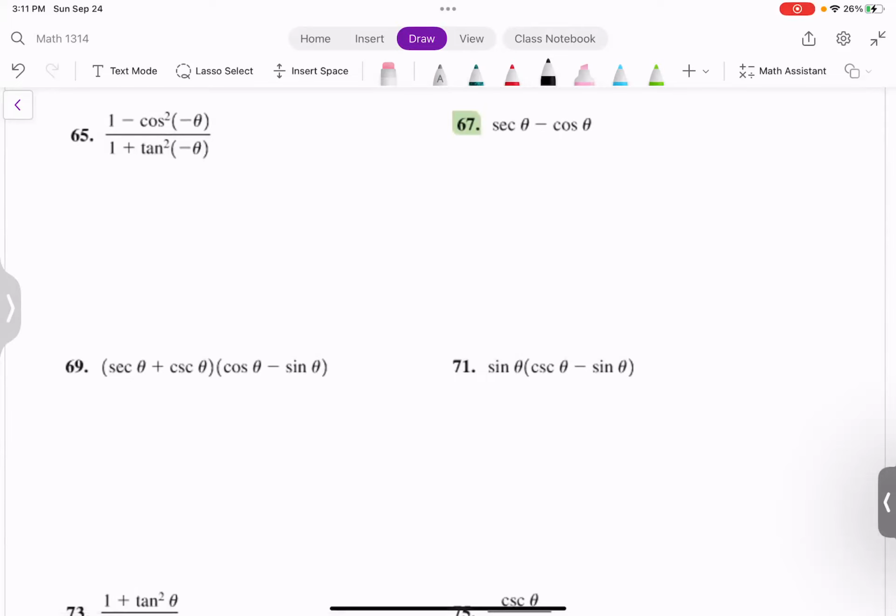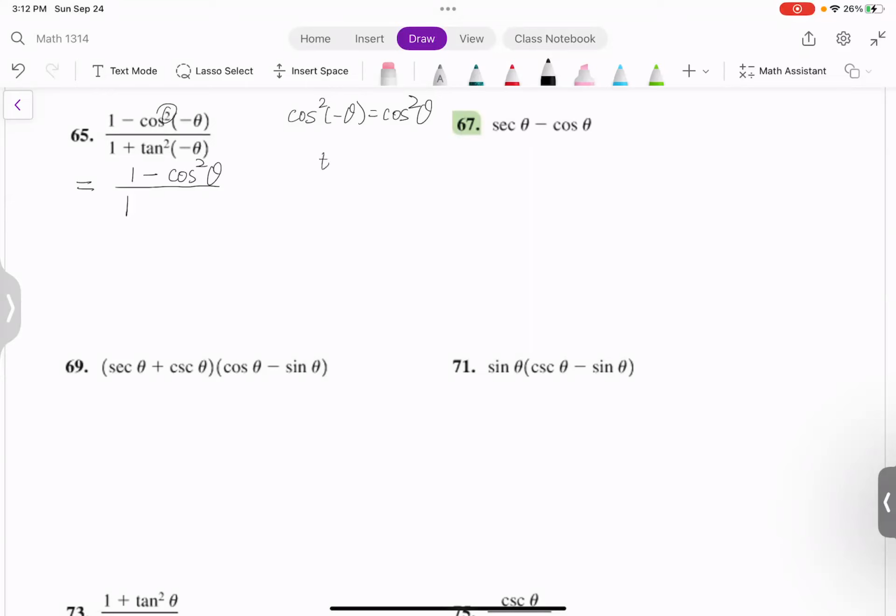A couple of examples. For the first one on the top, we got the negative sign again in the angle part. Let's get rid of the negative. If I have cosine negative theta, that is cosine theta, and then I have a squared, so you square it. I'm having 1 minus cosine theta squared. Okay, how about the bottom? 1 plus what?